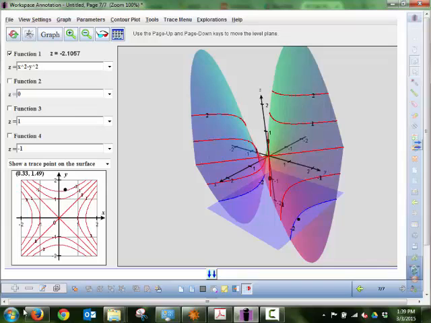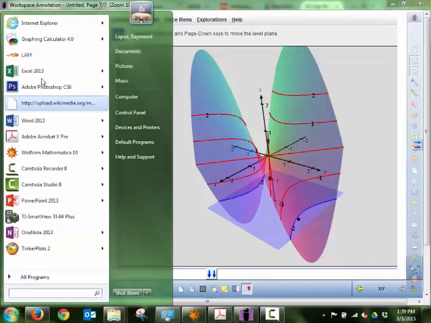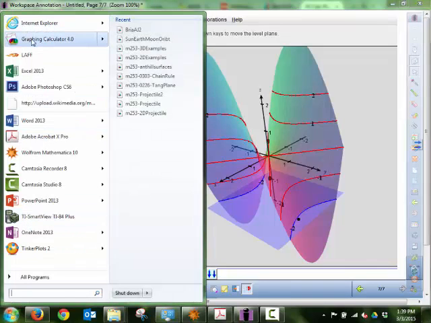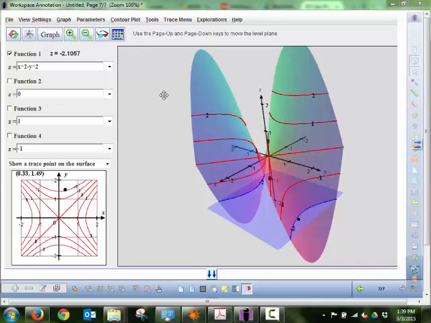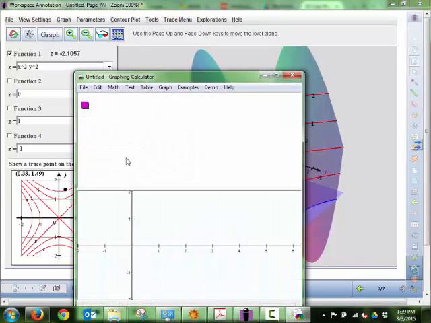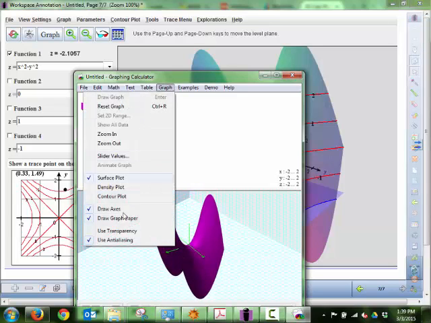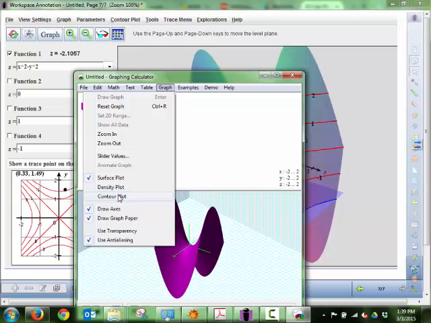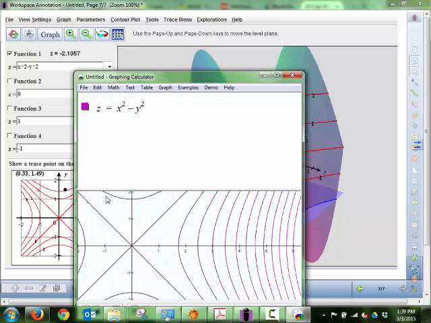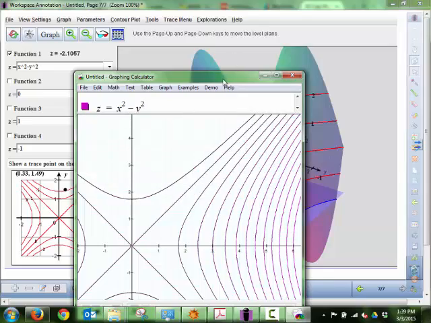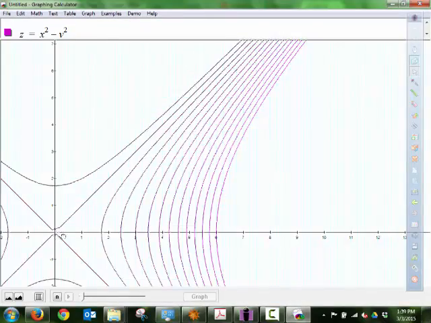If you take a look at other programs, sometimes they define what's called a density plot.